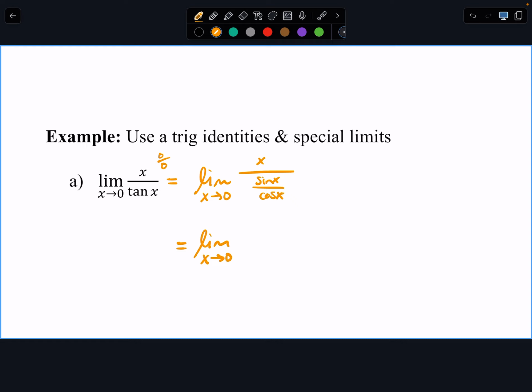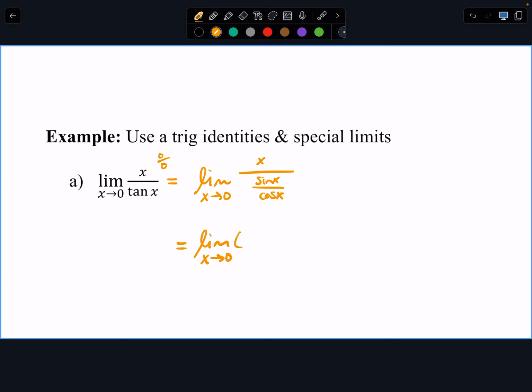So you guys notice that this would then be able to be written as x times cosine over sine, right?